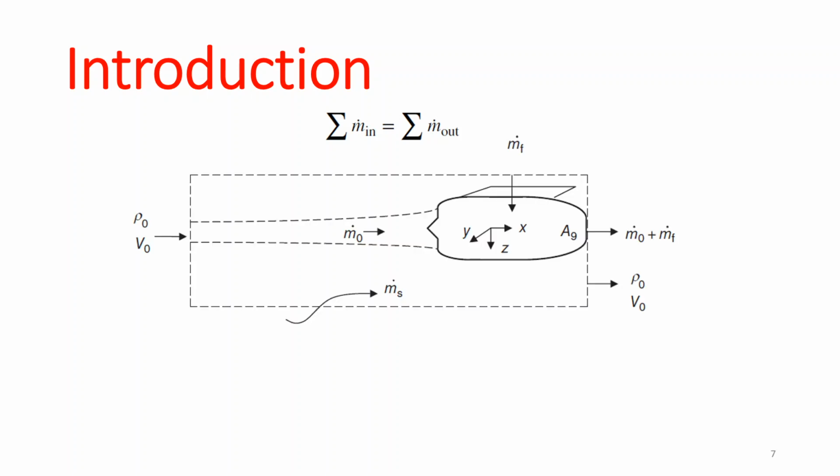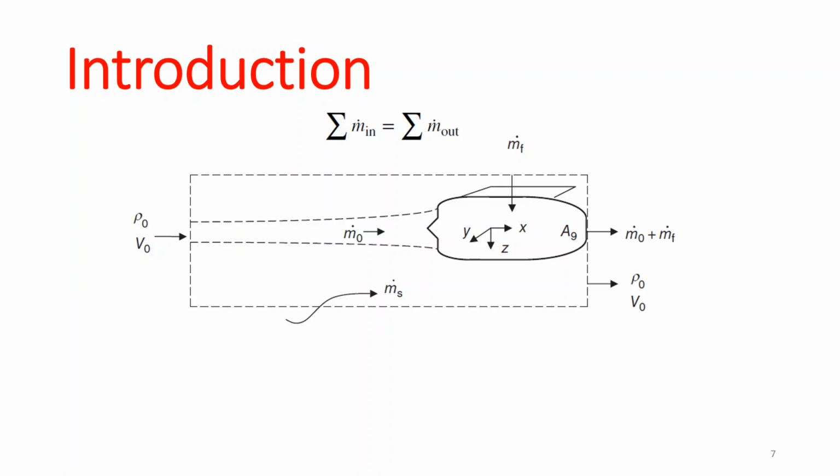But before finding the final momentum equation, we want to apply the conservation of mass equation. Whatever goes in is going to go out as well: sigma m dot in equals sigma m dot out. But what are the m dots in and m dots out?